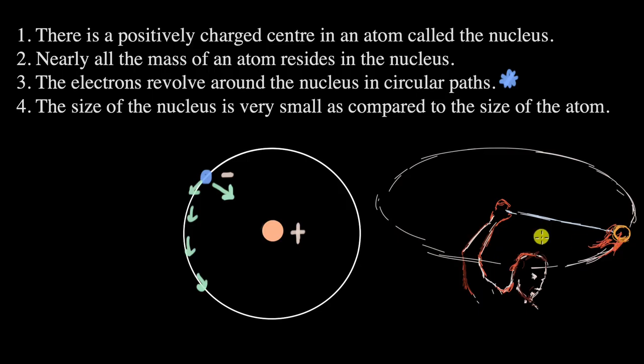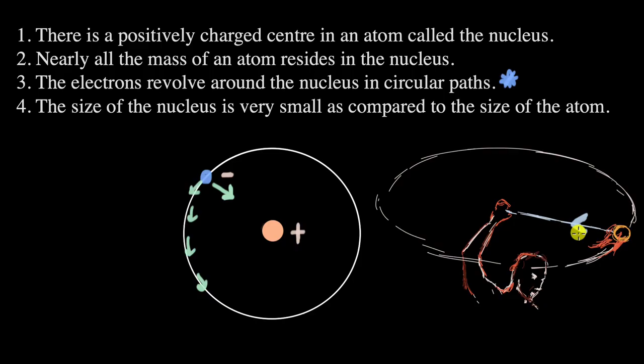Well, you're not holding the ball directly, right? You are holding it through a string. So the tension force in the string is keeping the ball going in circles. And if there is a force towards the center, there will be an acceleration towards the center as well. Whenever there is a force, there is an acceleration. Again, if you're not familiar with that, you will learn more of that in physics.